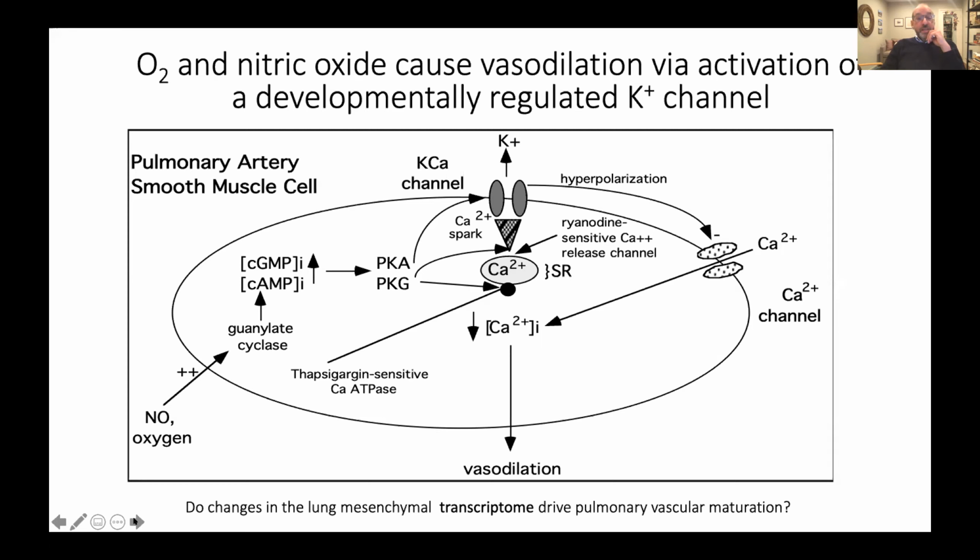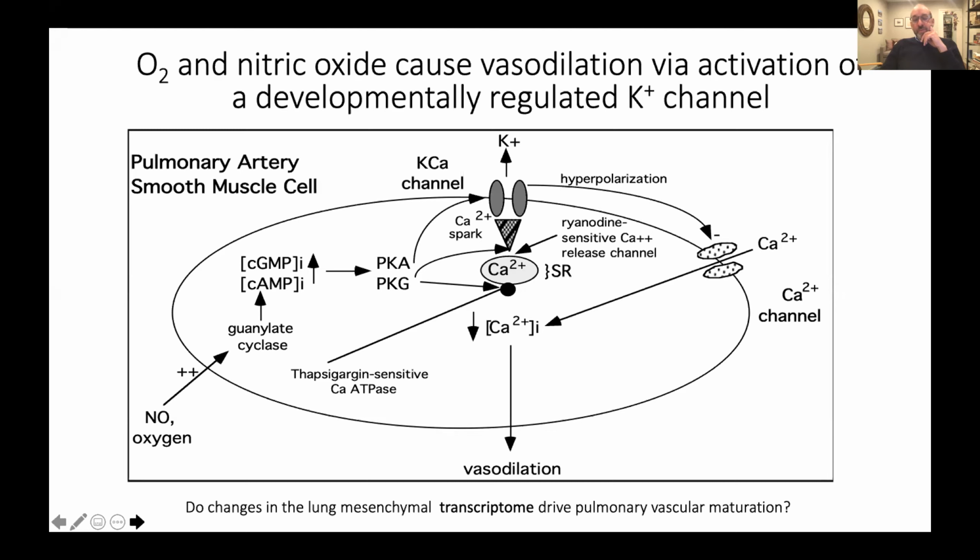We also wanted to determine, well, how does the fetal lung and the pulmonary vasculature, the mesenchyme, actually prepare to have this remarkable sensing of oxygen tension that allows for air-breathing life to exist?